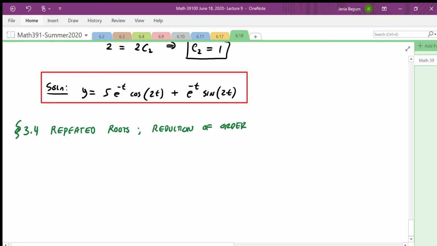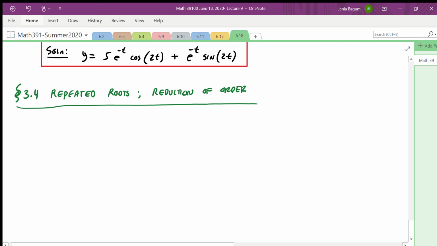Okay, so we're going to use reduction of order to derive the solutions if the roots are repeated. Okay, so I'll again give you an illustration, a little bit of background, how to derive the solution, but at the end you just have to remember the formula.